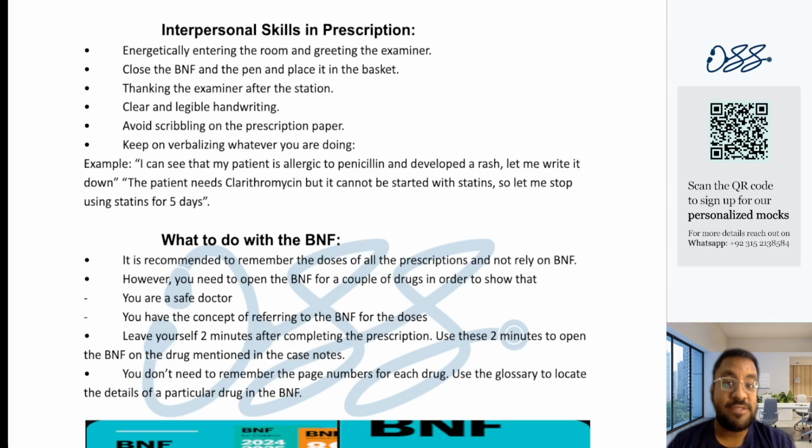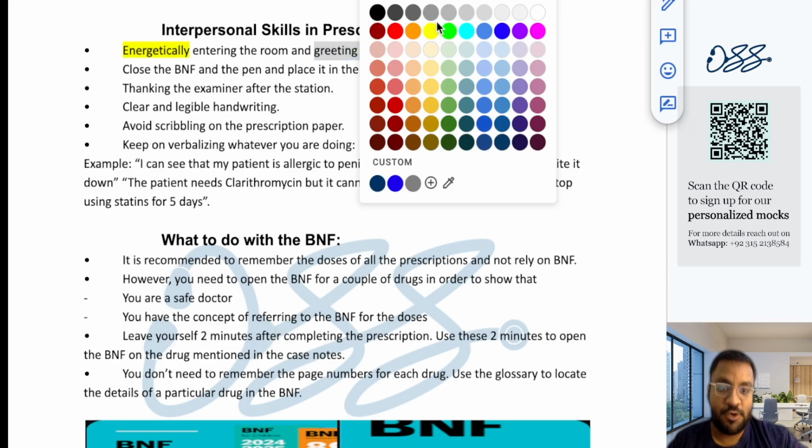There are a few things you need to do to score high in your IPS, and I'm going to tell you right now. It begins right from the moment you enter the room. The more energetically you enter, and the happier the way you greet the examiner, the more you automatically get a mark for your IPS.